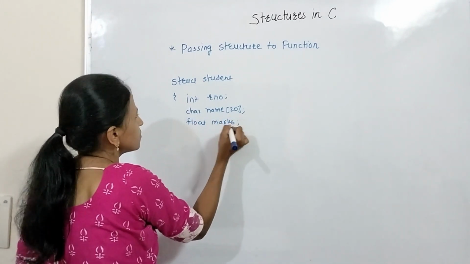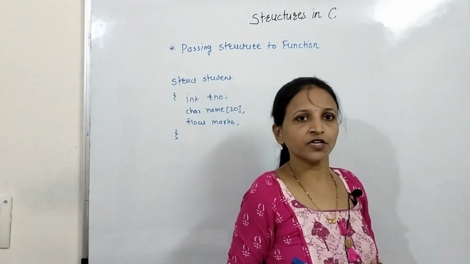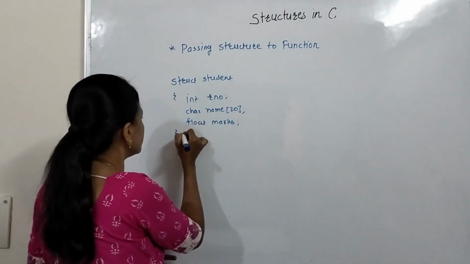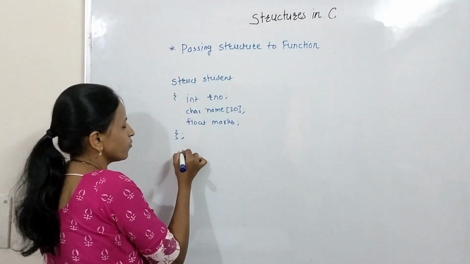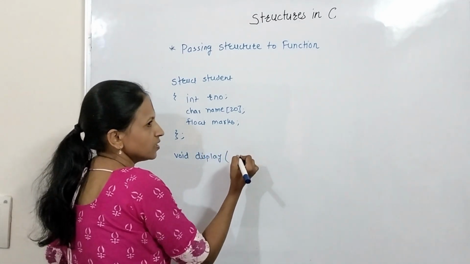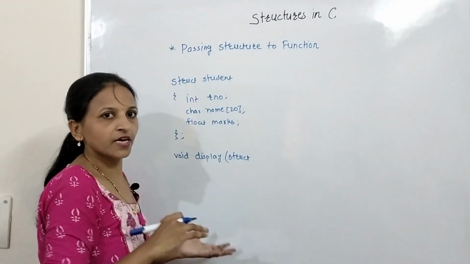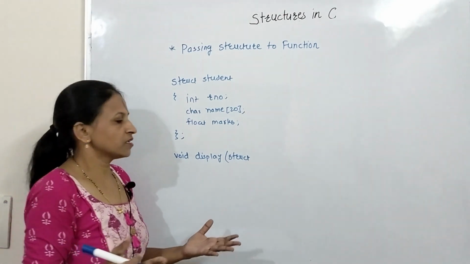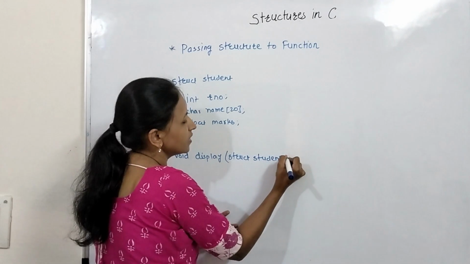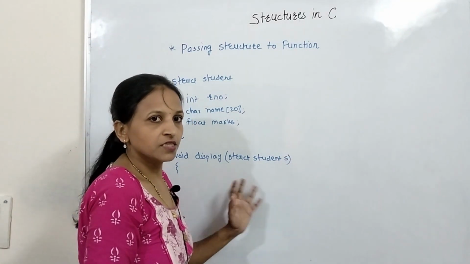This is our structure, and now I want to write one function for displaying the data of any structure variable. How can we write that? See, here the return type will be void, the name of that function is let display, and I am passing here one structure variable. Then as an argument we have to write the data type and the formal argument, like here struct student is the data type, and let me write S. Now here we have to display the data of that S in this function.